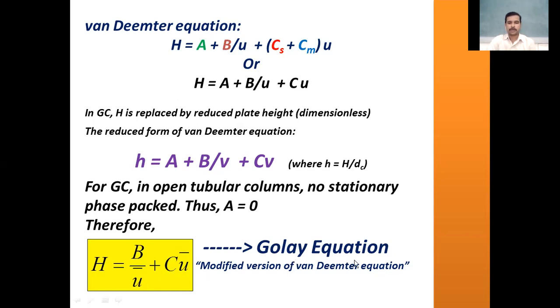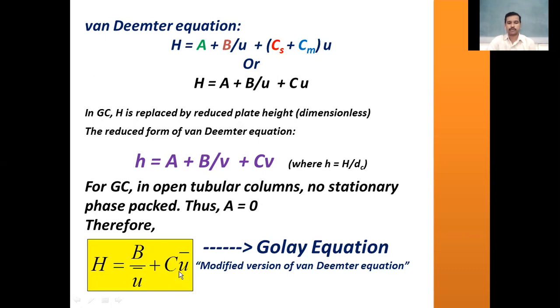And this equation is called the Golay equation, and it is devoted to express the height equivalent to theoretical plate in gas chromatographic separation by using OTC or capillary columns, open tubular columns or capillary columns. So this Golay equation will be used to calculate the optimum velocity of the carrier gas in gas chromatography, provided the B value and H value are known.